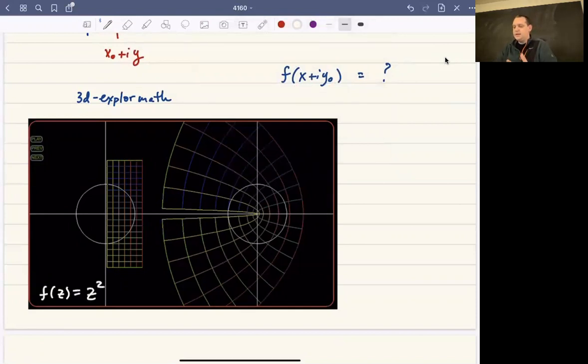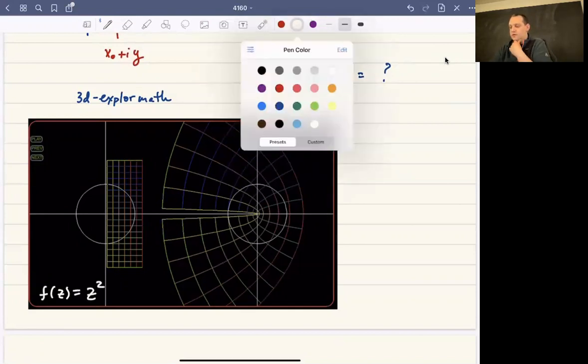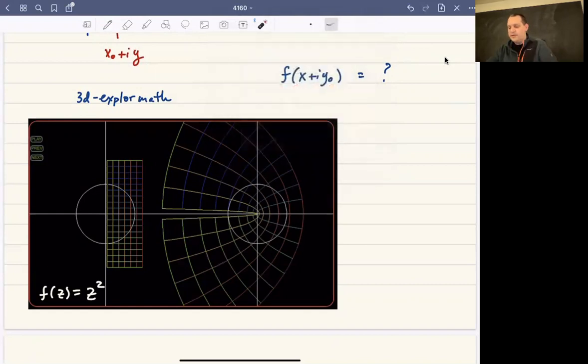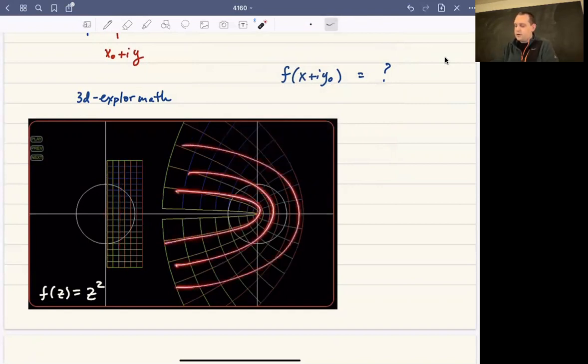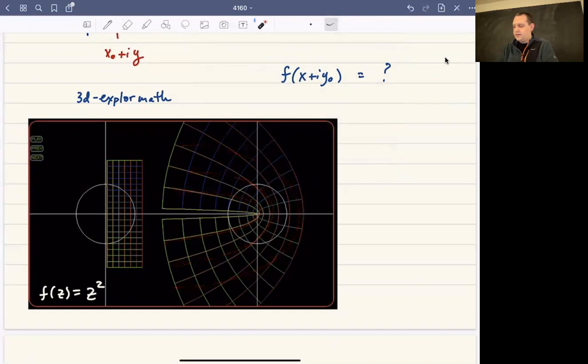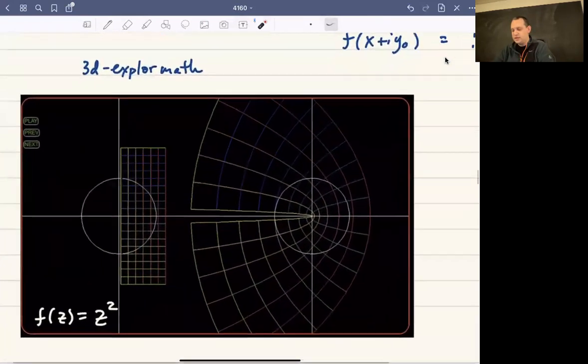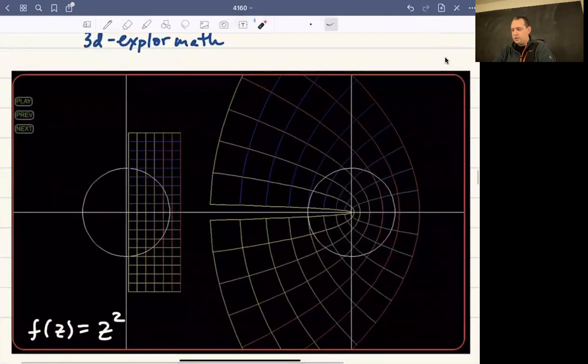And you can see that what I was saying before is true, where these yellow lines get mapped to these parabolas, right? And so I'll let you work out how the other part works. But the one thing that I really want to focus in on in this example is that these are examples of what are called conformal maps.